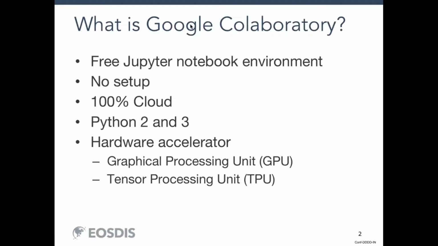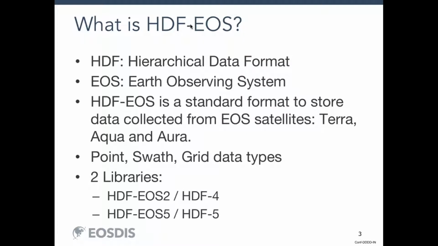So I'll explain what Google Colaboratory is first. It's Google's product, and it's a free Jupyter notebook environment. It's super easy because there's no setup required. I heard that many people complain about how difficult it is to start Jupyter Lab or Jupyter Hub or Jupyter Notebook during the ECIP sessions.